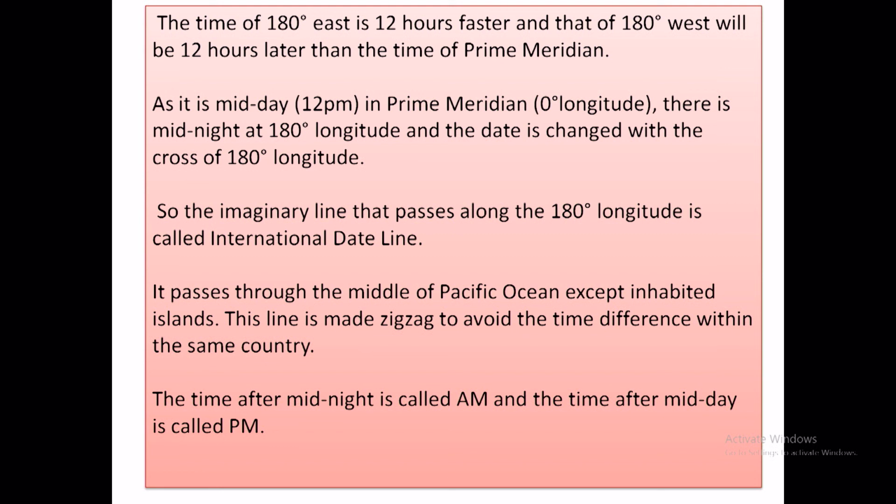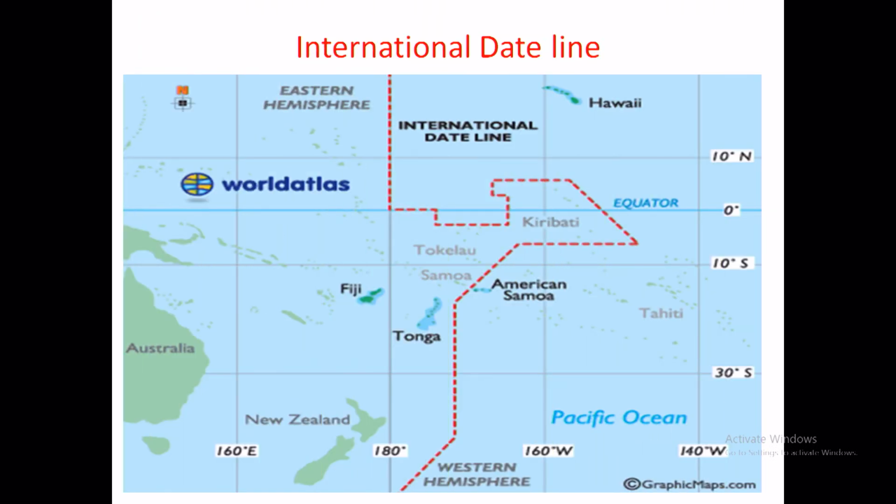When we go westward from the international date line, the date will be 1 day later, and when we go eastward from the international date line, it will be 1 day faster. From these examples we become clear that there is a very close relationship between longitudes and time.